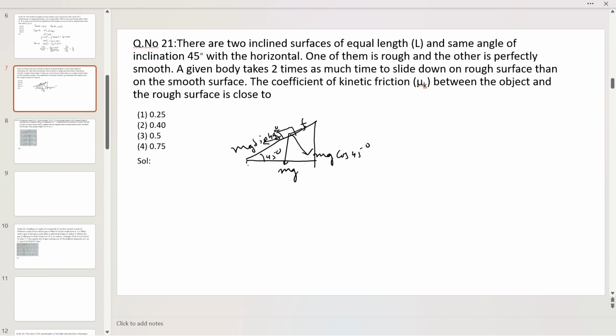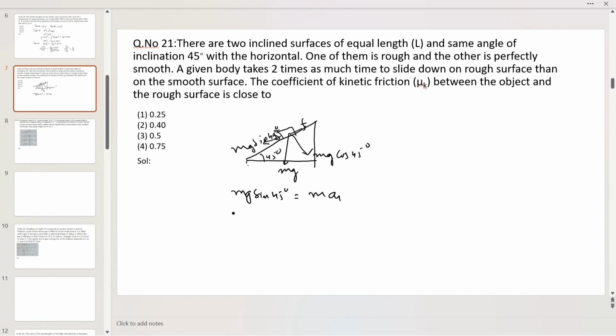Sine 45 degree. Now here, for the first case, since it is smooth, we consider it frictionless. So mg sine 45 degree is equal to ma1. This is the force.